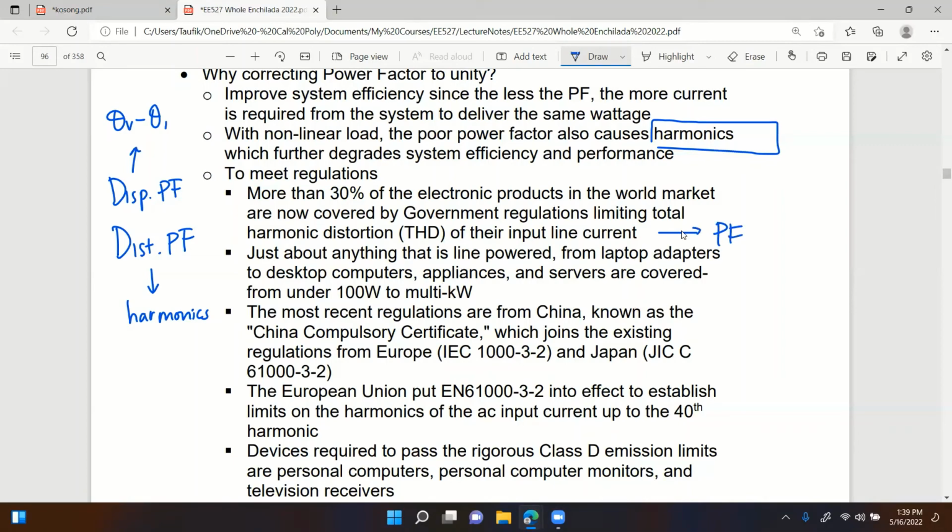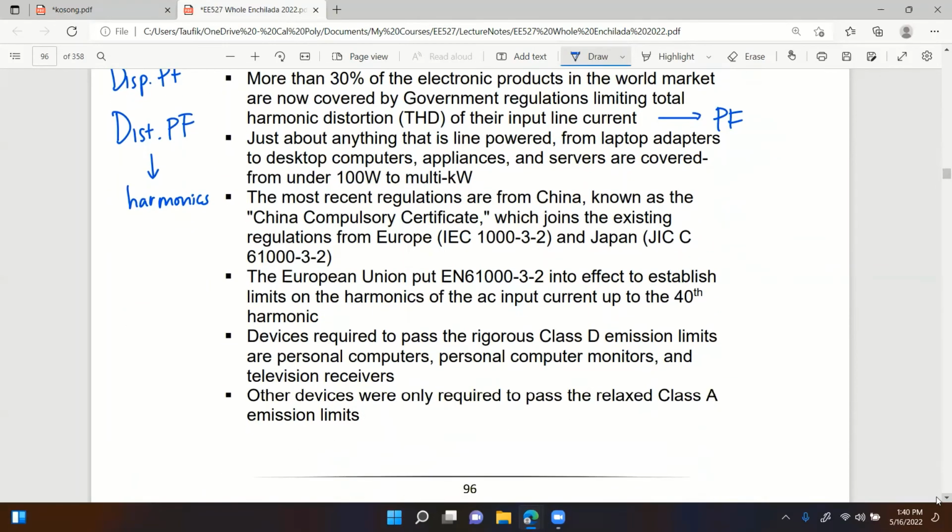So if you can improve power factor, then it would be good, because then it would meet the regulations imposed by the government. Just about anything that is line powered, from laptop adapters to desktop computers, appliances, and servers, is covered, from under 100 watts to multi-kilowatts. So these are all regulations that restrict us from having a certain amount of THD, which again affects power factor.